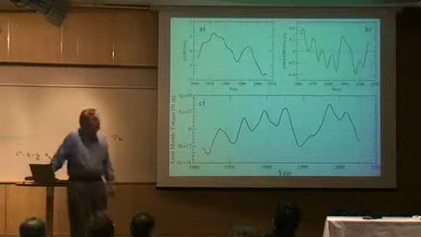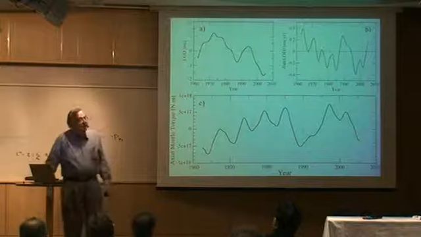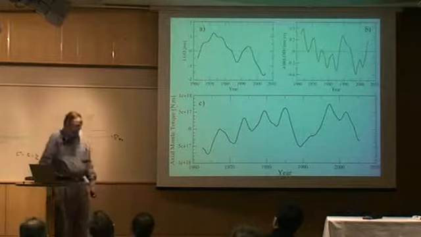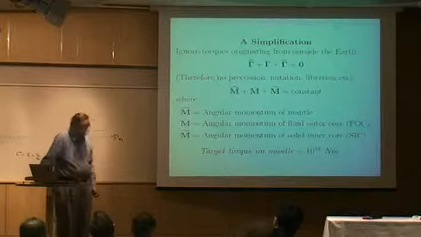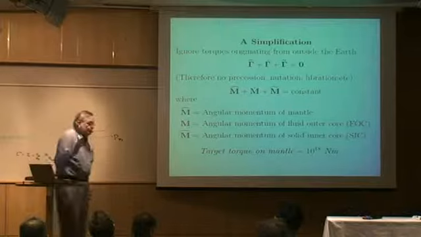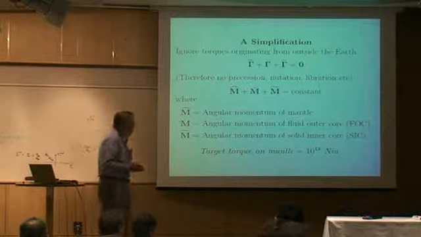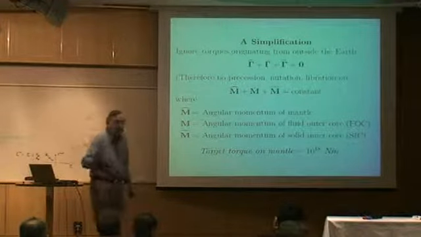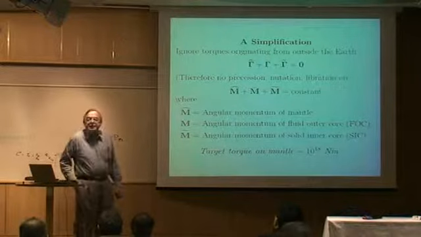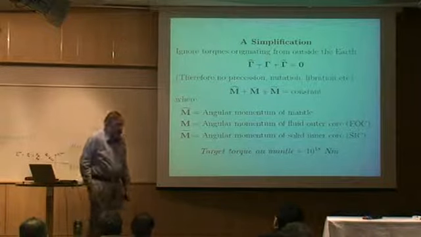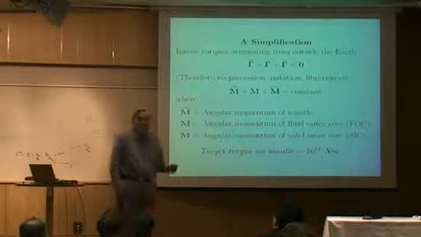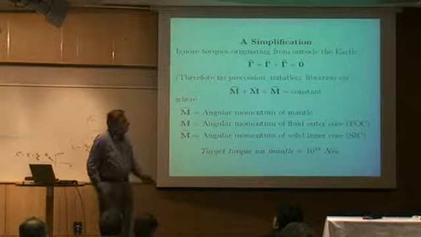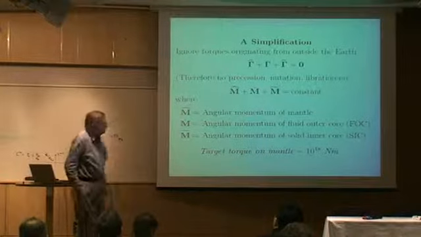So this is the problem then. How are you going to explain these changes? First of all, we make a gigantic simplification. We throw out all the torques of external origin. That means we throw out precession, nutation, vibration; they're all discarded.